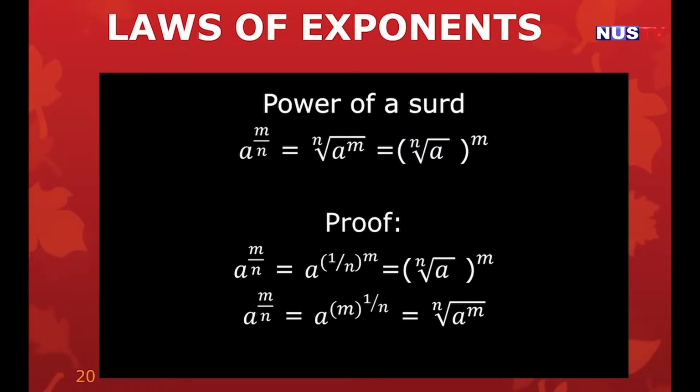A to the power of m divided by n is the same as a to the power of 1 over n to the power of m, and you can rewrite it as the nth root of a all to the power of m. Or you can have a to the power of m divided by n is equal to a to the power of m and also to the power of 1 over n, and then you can rewrite it as the nth root of a to the power of m.